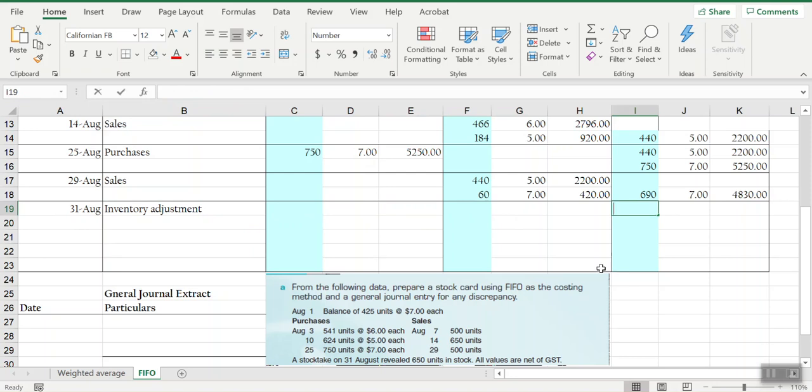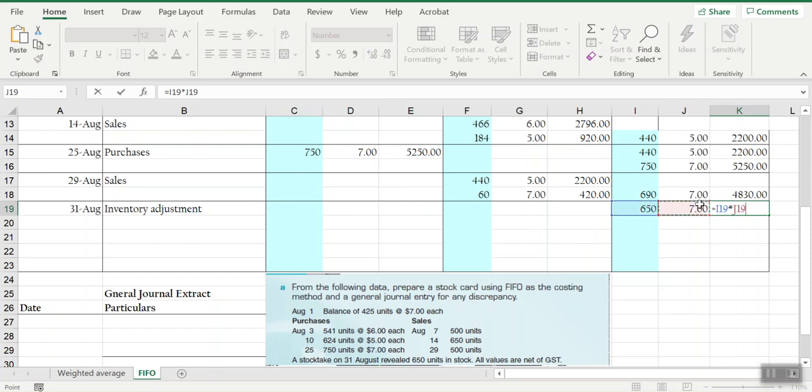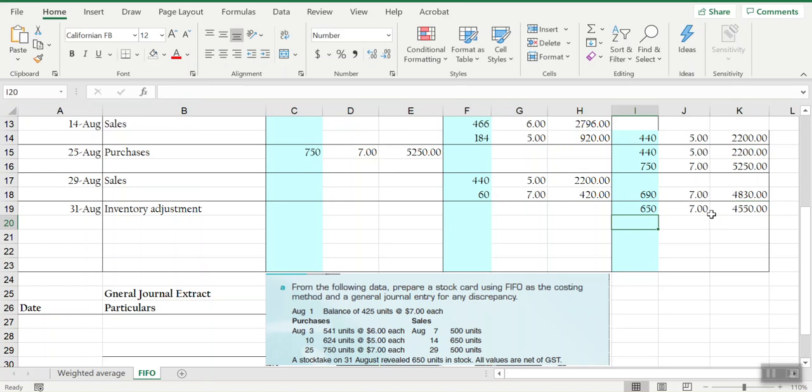It's going to be for the $7 amount, whatever the oldest stock is, not the newest stock, the oldest stock. I don't think we do this in this question. We don't, it's all right. So that's what the balance should be.